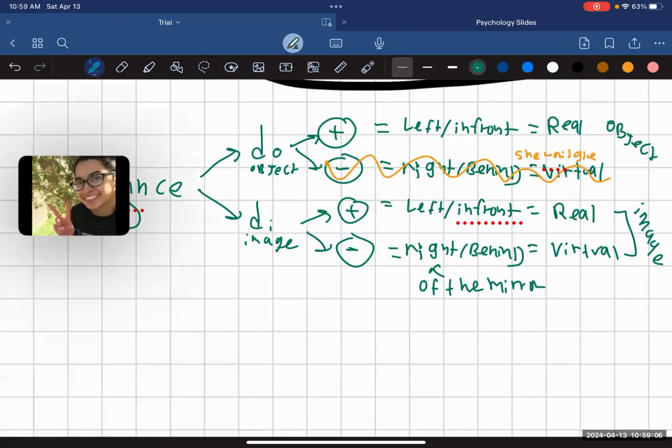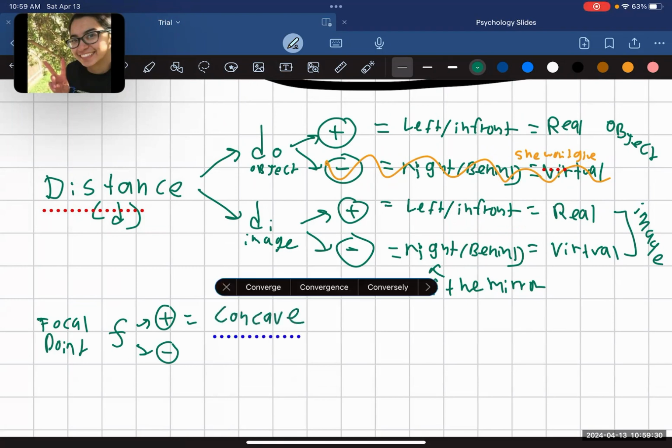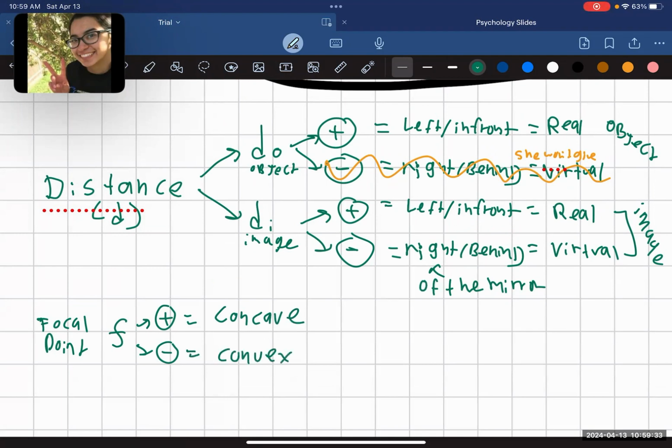And then the other two are a bit easier because then you just have your focal point, which is your F. It's positive, then you have a concave mirror. Right where it looks like this. I'll put a little dot there. Or it looks like that.